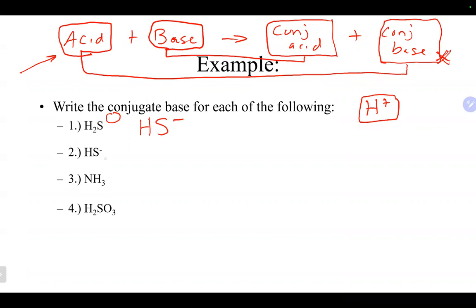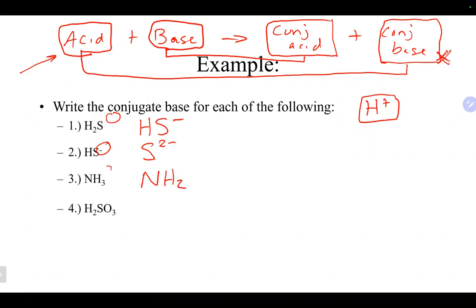Starting with HS minus, same thing. It's going to donate that H plus, which means when we lose the H, we are left with an S. It is already -1, which means we become one more negative, and it becomes S2 minus in this particular case. Any question on those two there? NH3, same idea. We're going to take off an H, which is NH2.